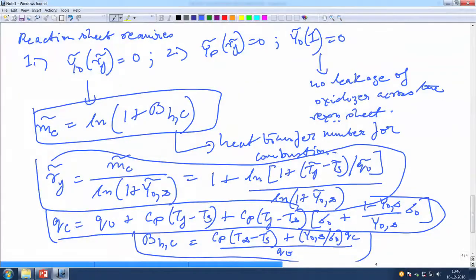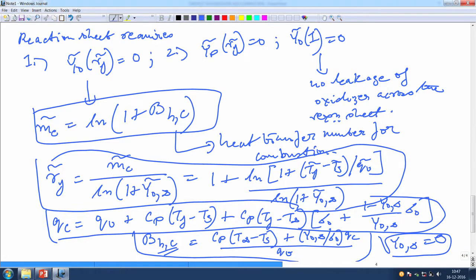Just look at one thing, if we just deal with pure vaporization, what will happen is that this term, if you look at the expression over here, Y0, this particular term will actually have no significance. As a result of that, if this is equal to 0, this BHC will boil down to the pure vaporization case, right.